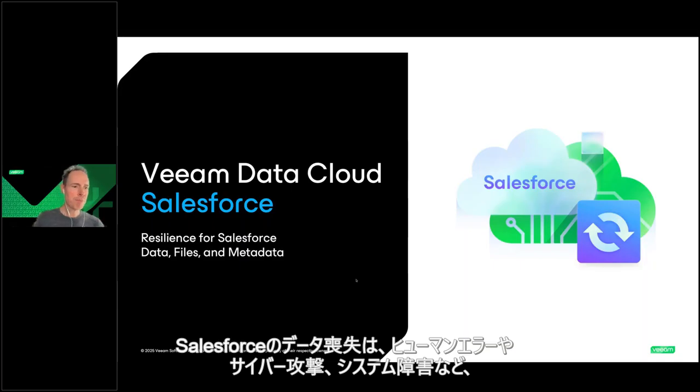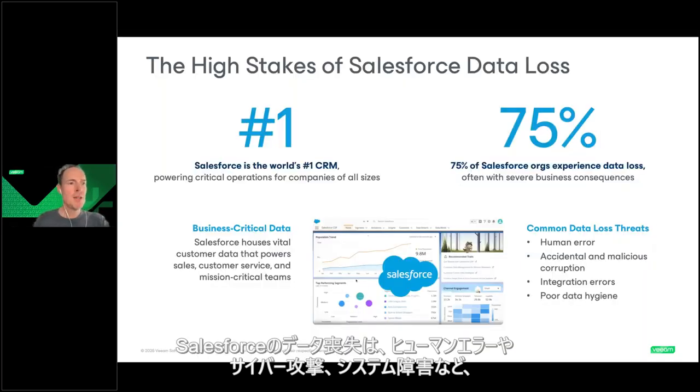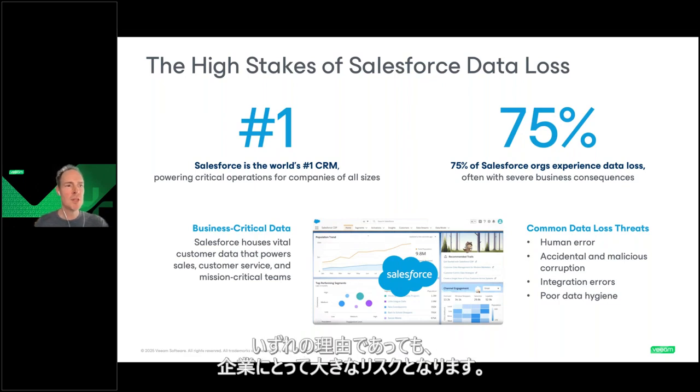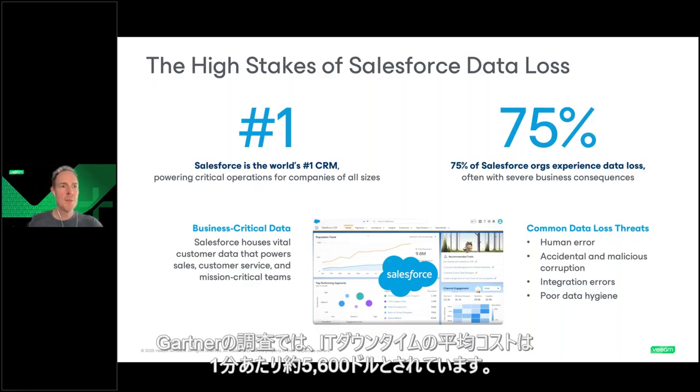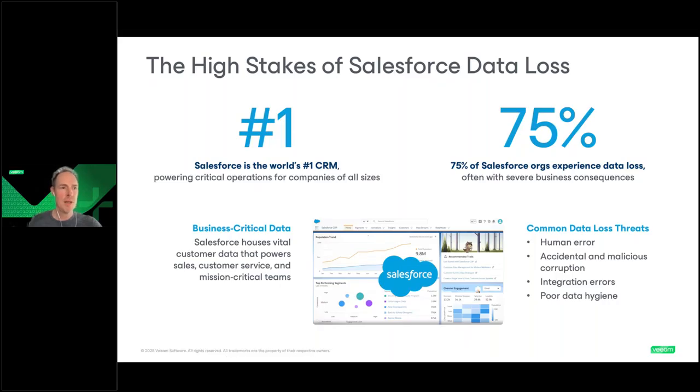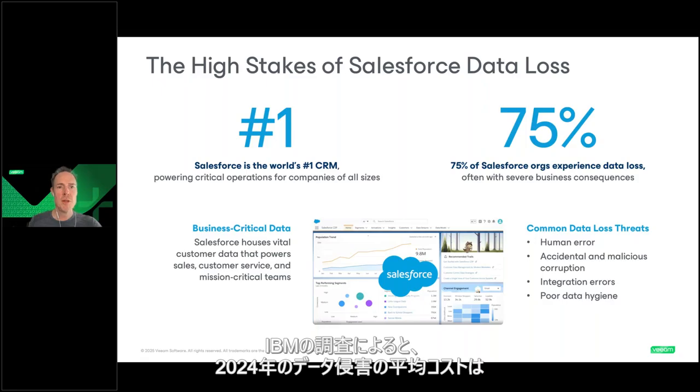So the high stakes of Salesforce data loss, whether due to human error, cyber attacks, or system failure, carries significant risks. Gartner has estimated the average cost of IT downtime to be around $5,600 per minute, and more recent estimates have climbed even higher.